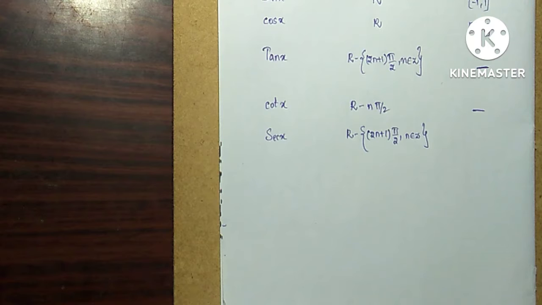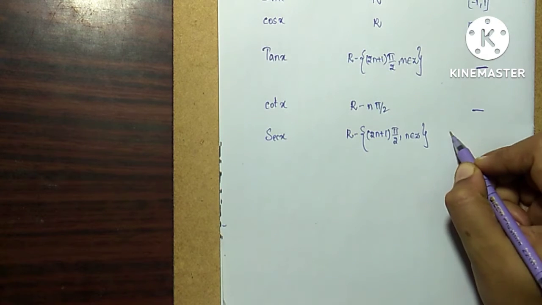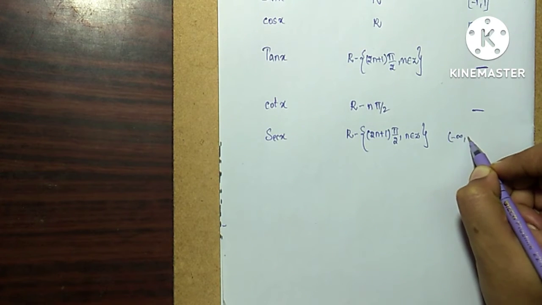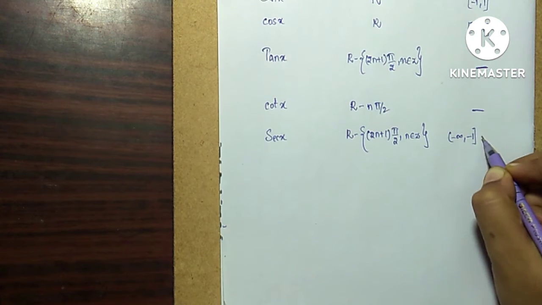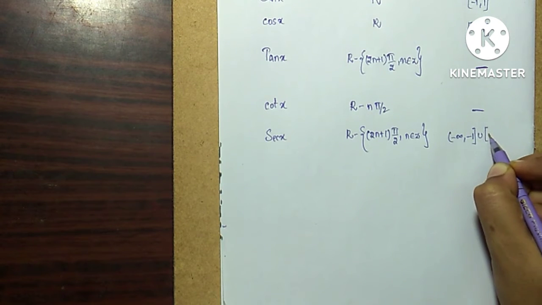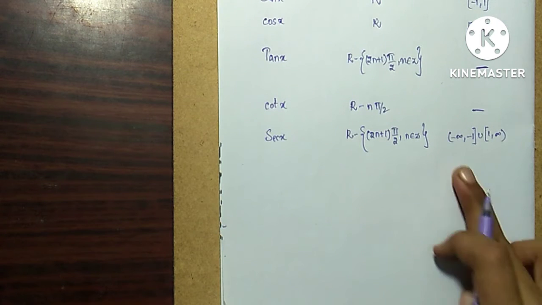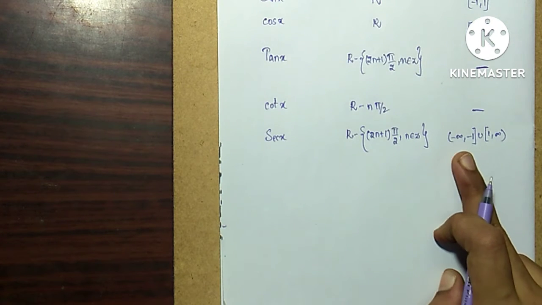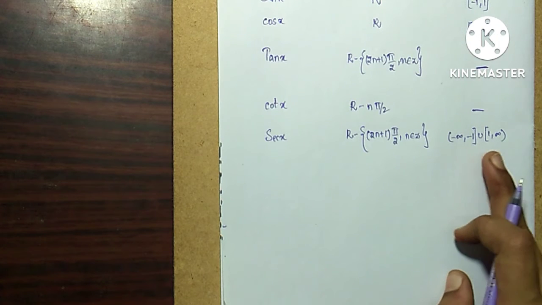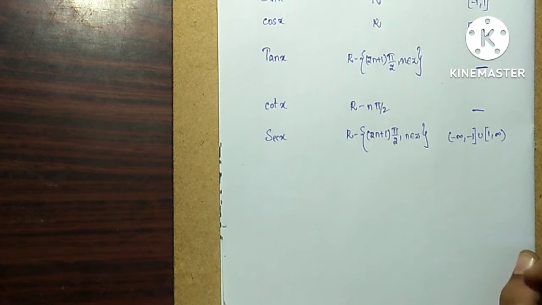Now the range of secant x is (-∞, -1] union [1, ∞).